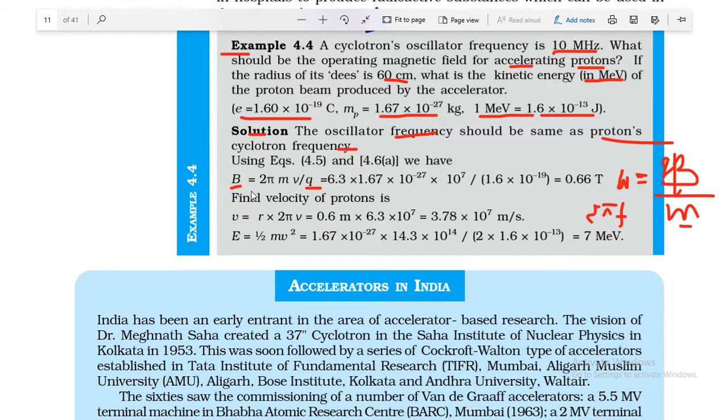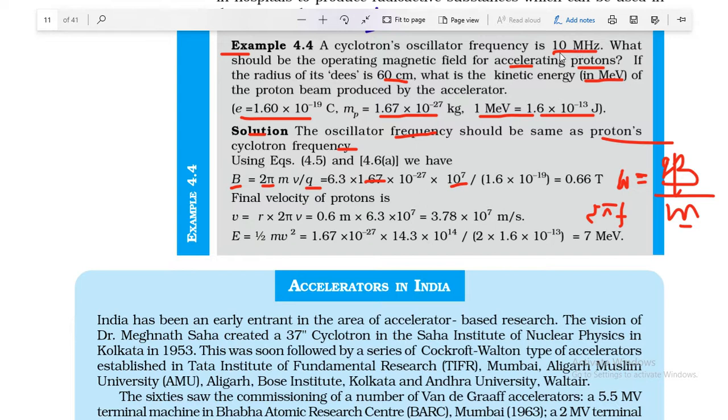Now let us put the values. You can write the value of 2 pi, or you can write 2 into 3.14. Then the value of mass, that is 1.67, and the frequency is given as 10 megahertz. 10 megahertz means 10 to the power 7 hertz, since 1 megahertz means 10 to the power 6.